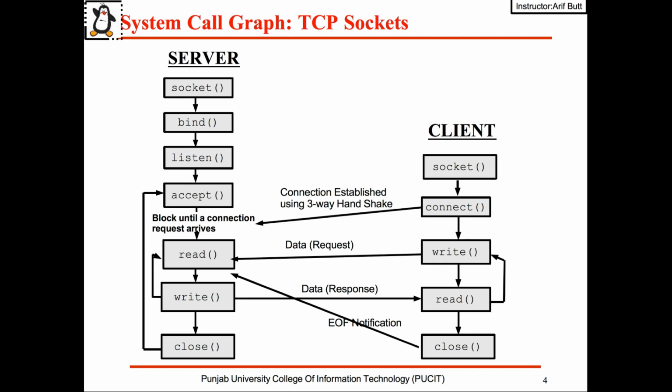We have discussed that this listen call on the server associates a queue of pending connections. So when a client is reading and writing data over here, a request from another client is kept in the queue associated with this listen call.